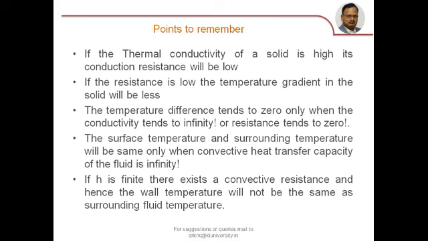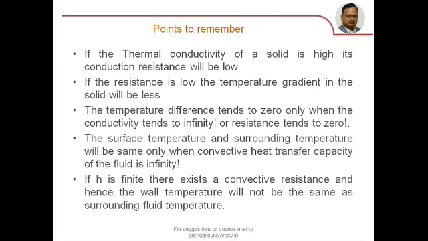A material having high conductivity offers low conduction resistance. If the thermal conductivity is infinite, then resistance becomes 0. It means it will not offer any resistance to heat flow.